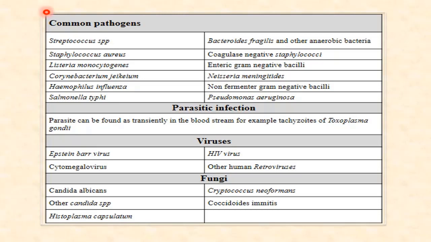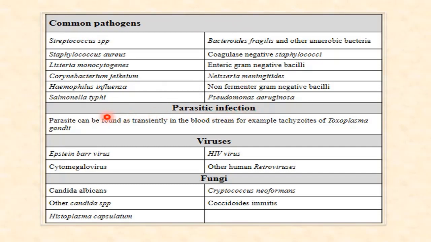Bacteremia is the presence of bacteria in the bloodstream, and the common pathogens are Streptococcus species, Staphylococcus aureus, Listeria monocytogenes, Corynebacterium jeikeium, Haemophilus influenzae, Salmonella typhi, Bacteroides fragilis and other anaerobic bacteria, coagulase-negative Staphylococci, enteric gram-negative bacilli, Neisseria meningitidis, and non-fermenter gram-negative bacilli in addition to Pseudomonas aeruginosa. All of these are common bacterial pathogens that may be found in bacteremia.